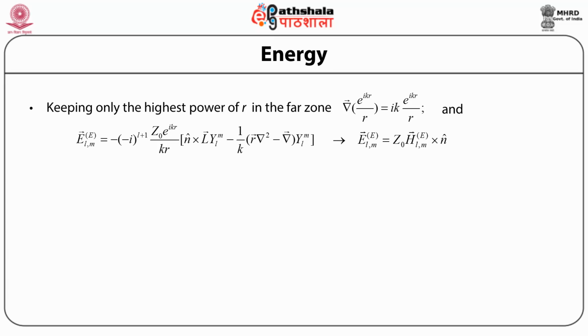Keeping only the highest power of R in the far zone, we have del of E raised to power IKR by R is equals to IK into E raised to power IKR by R, and E vector LME is equals to minus into minus iota raised to power L plus 1 into Z0 E raised to power IKR divided by KR into bracket start N vector cross L vector YLM minus 1 divided by K whole into R del square minus del into YLM bracket close.